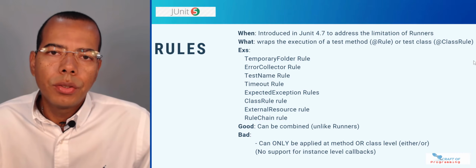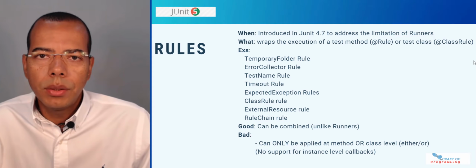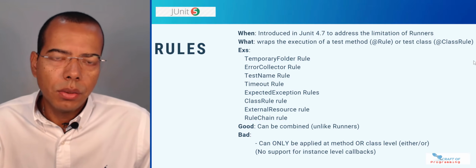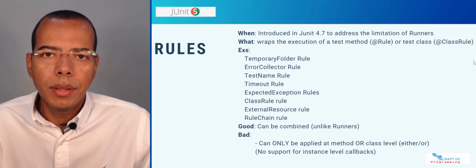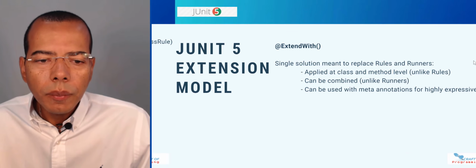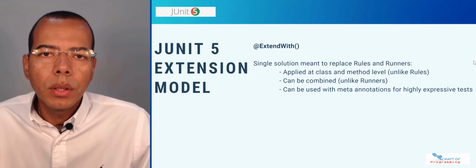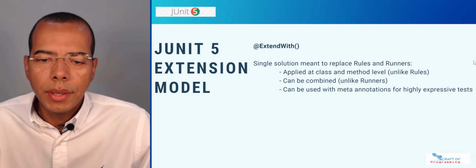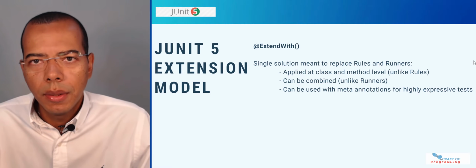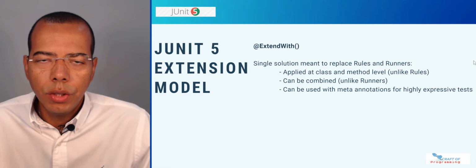And because of this, you had these two ways to extend JUnit via runners or rules, and because of the limitations that they had, JUnit 5 introduced a completely new extension model using the @ExtendWith tag. So this is supposed to be the way that you extend the behavior of tests, and this should supersede or replace rules and runners in JUnit 5.